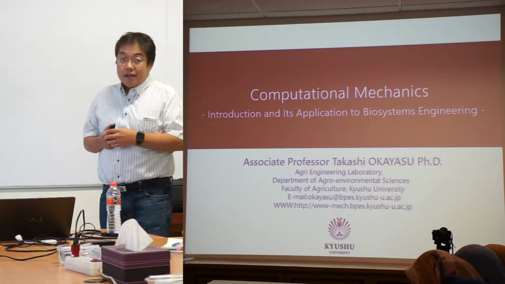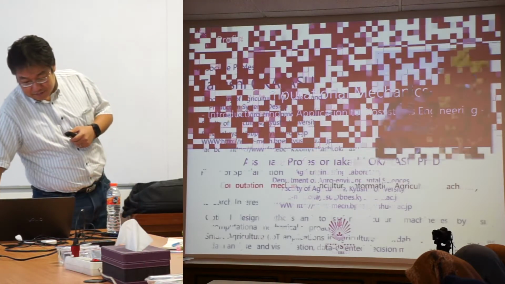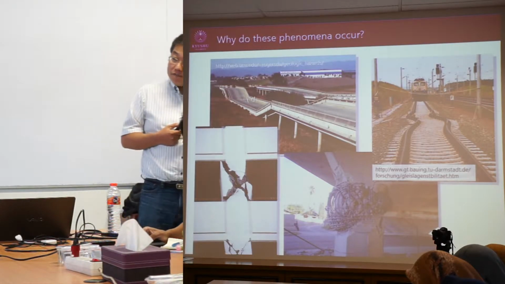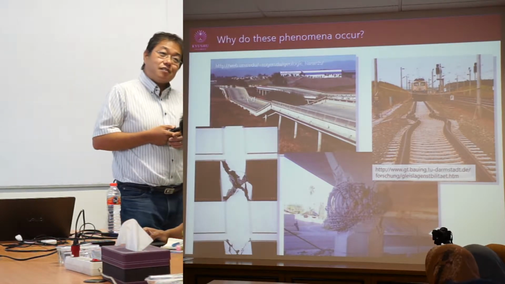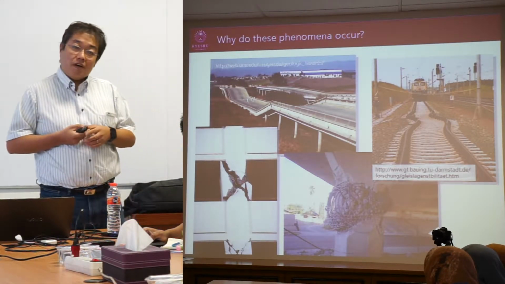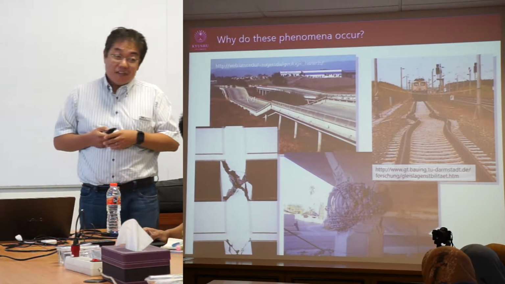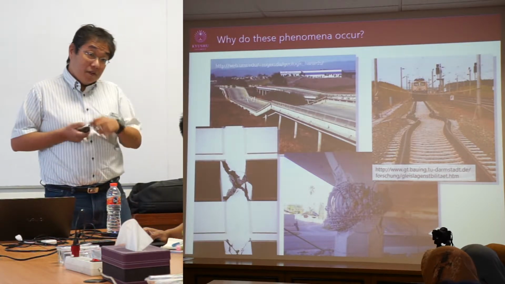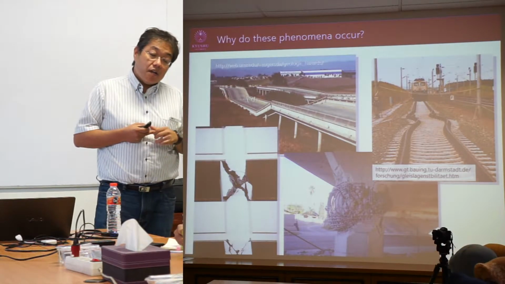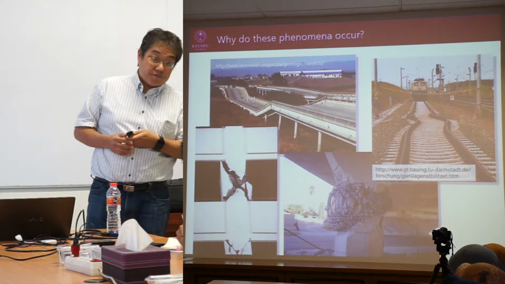Okay, so we are going to computational mechanics, the introduction and its application to biosystems engineering. As you know, why do these phenomena occur? The bridge collapses, or the railway collapses due to the earthquake. Japan has many kinds of earthquakes, so the numerical computation approach is very important to establish highly safe structures.